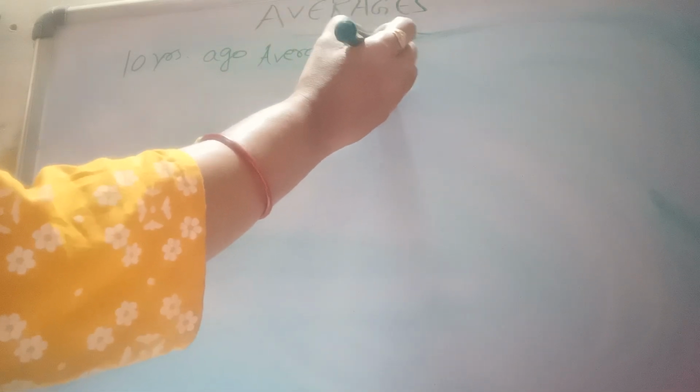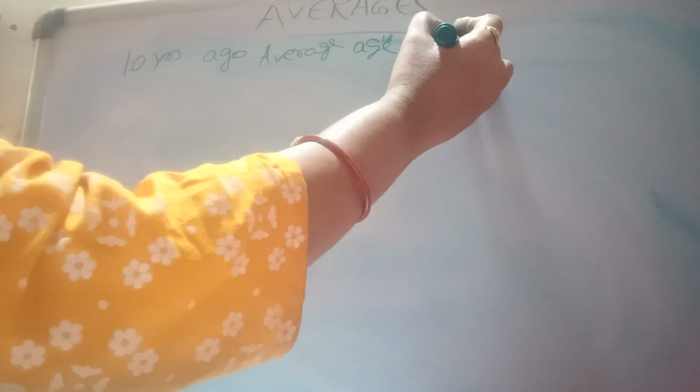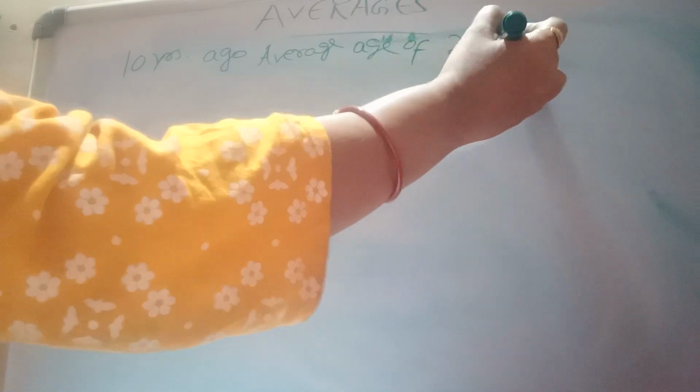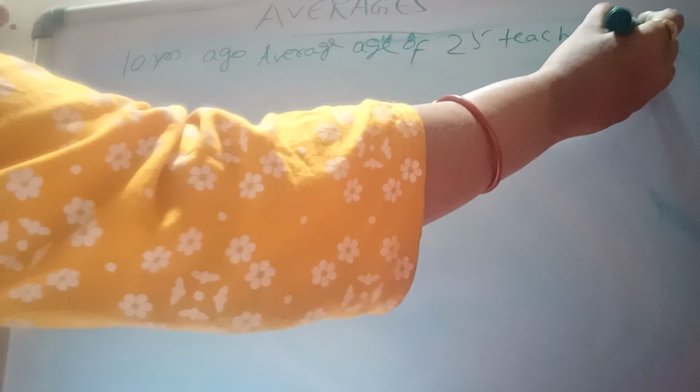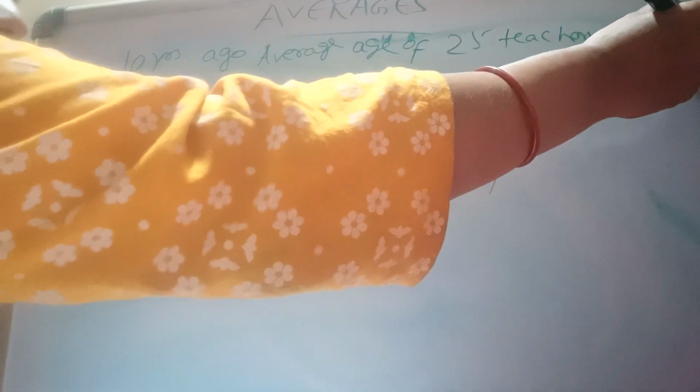So, first clue we have: 10 years ago, average age of how many teachers? 25 teachers equal to 45 years.